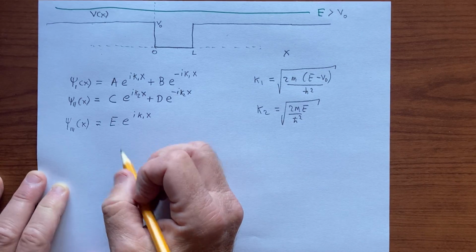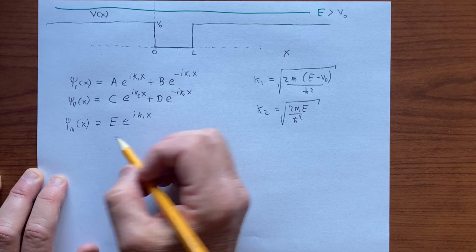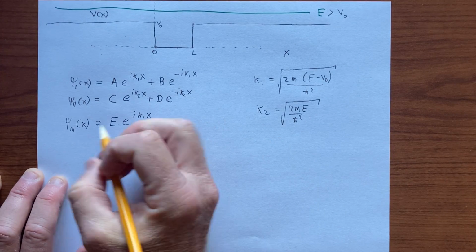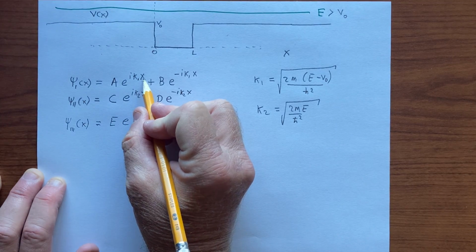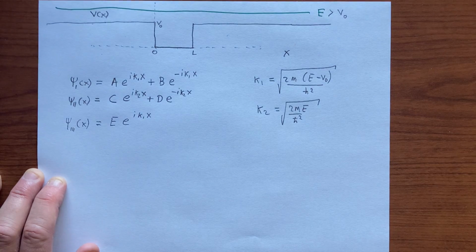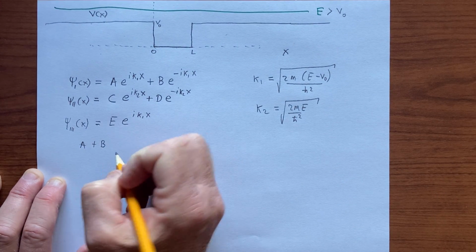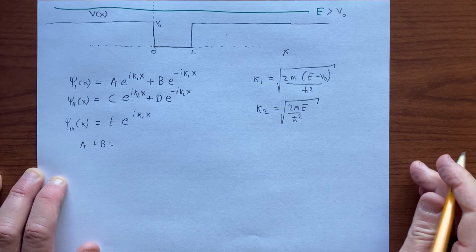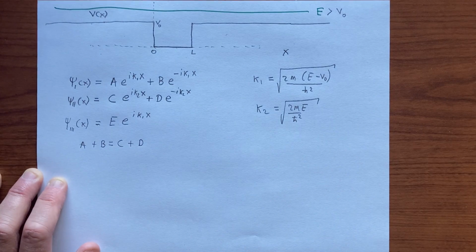Of course, we have continuity. So the continuity of the function at x equals 0 gives us, since e to 0 is just 1, a plus b. That has to be equal to this function at x equals 0, and so that's c plus d.